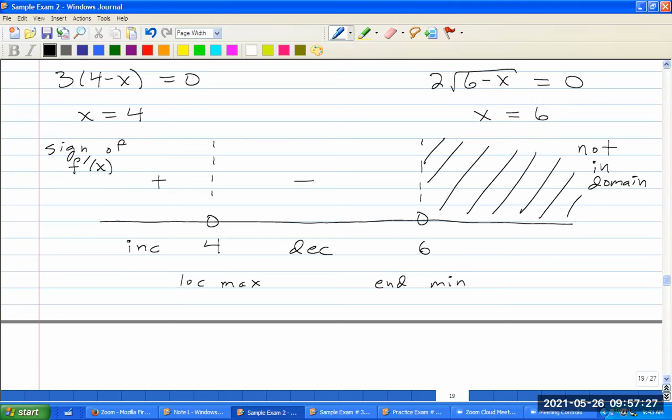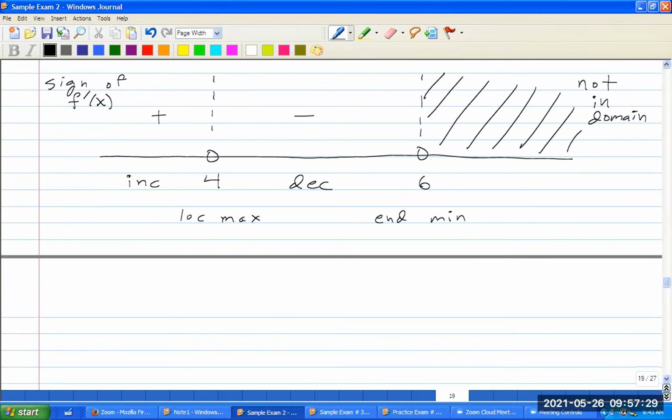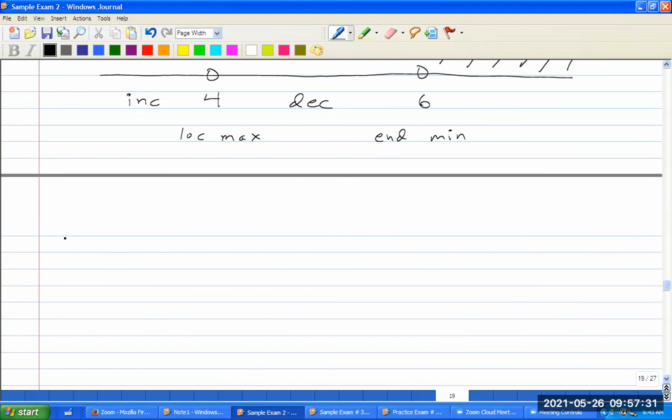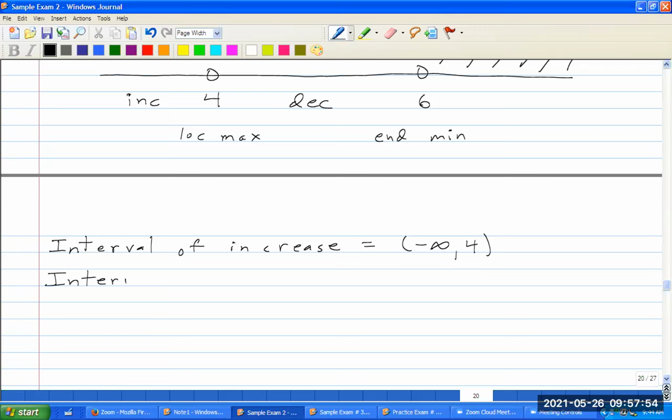Okay, so let's write the intervals of increase: negative infinity to positive 4. Interval of decrease.